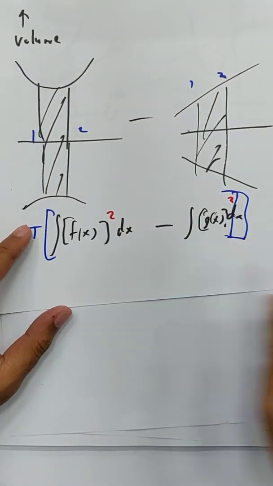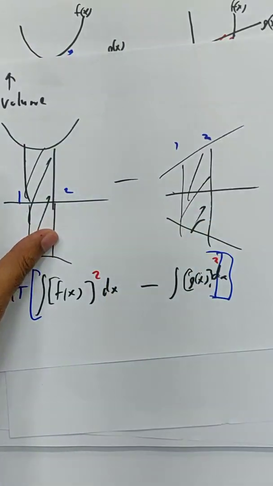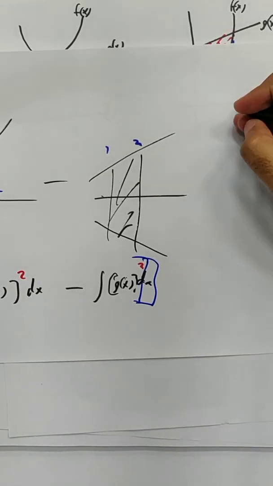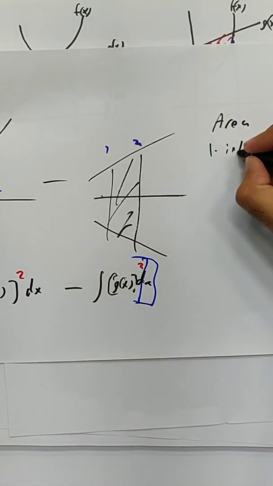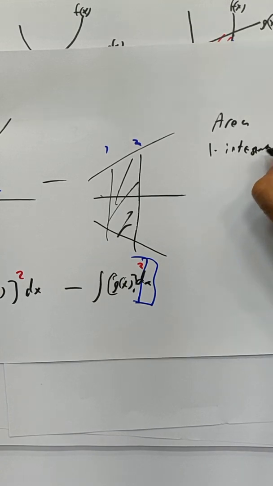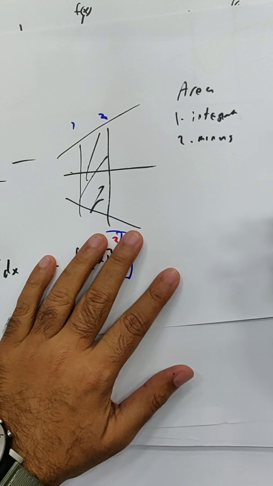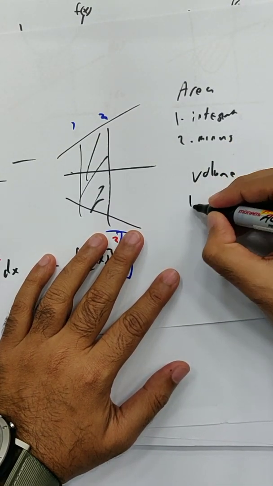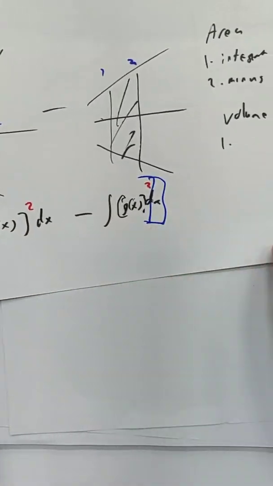So we can say for the left graph, for the area we integrate and then you minus. For the volume, as you can see here, we square first.